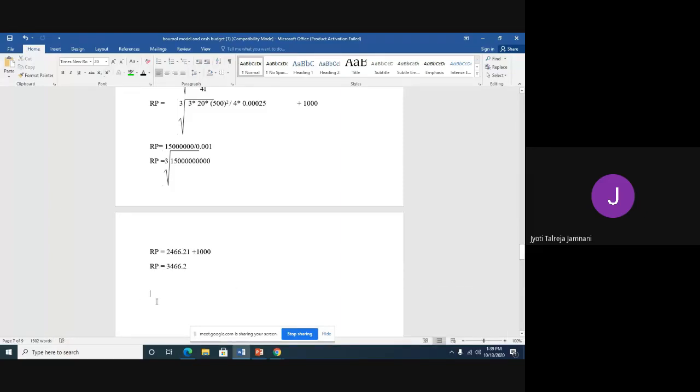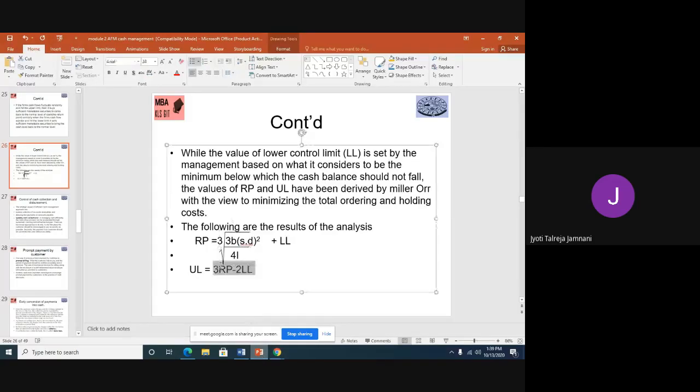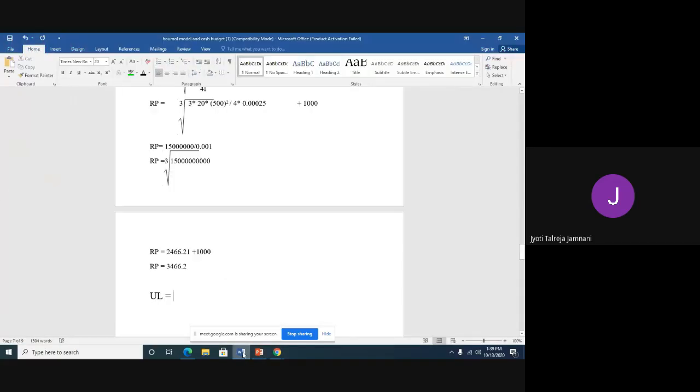Now they have also asked you to find the upper limit. What is the formula for upper limit? 3 RP minus 2 LL. So upper limit is equal to 3 into the return point value that we have got, 3466.2, minus 2 into the lower limit.